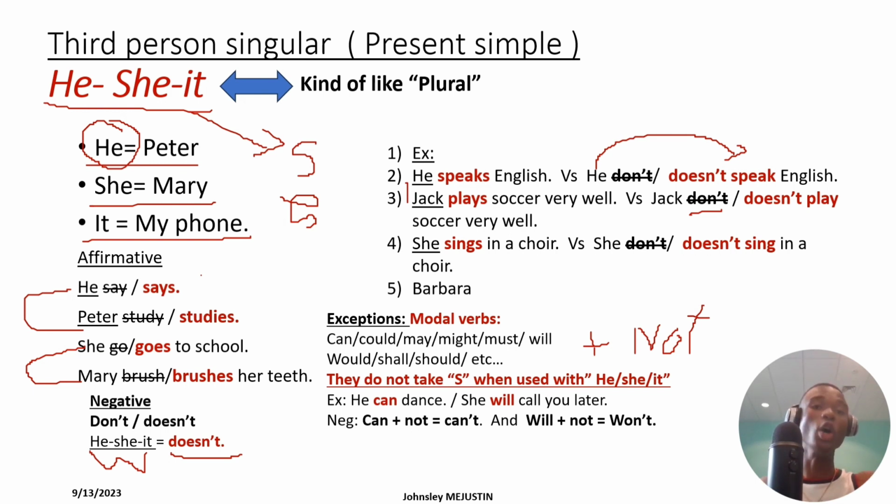So Brian goes, he goes. Johnsley comes, he comes. Peter goes, he goes. Jesus comes, he comes. You see? Because Jesus is the antecedent of he. Okay? So Peter, the antecedent of he. Mary, the antecedent of she. My phone, antecedent of it. They will take S's. Kind of like plural.